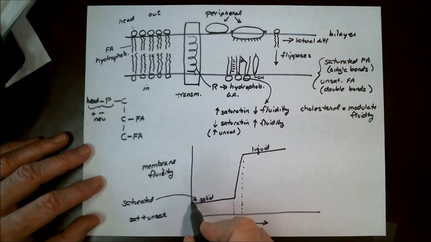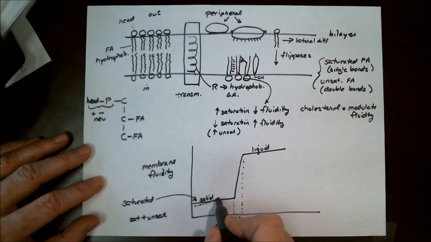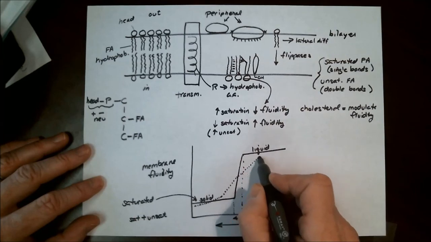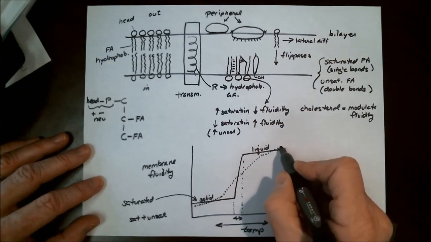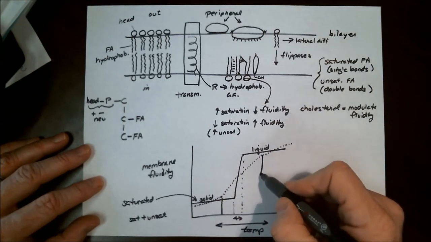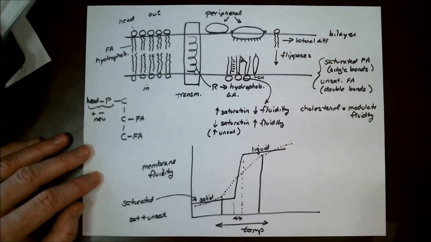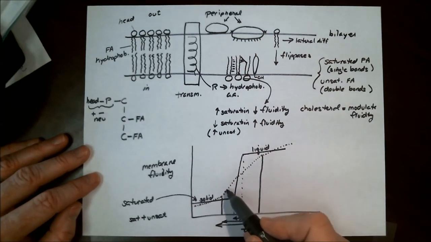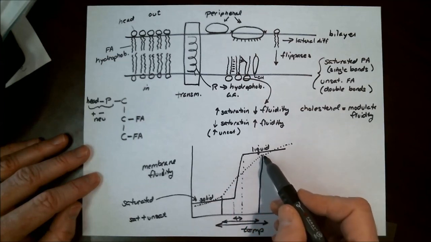What we will see here is essentially a little bit more width of the temperature range for phase transitions. So now we have a phase transition that has increased in width. So in this range here, with the introduction of an unsaturated fatty acid, we have essentially increased the temperature range for our optimal membrane fluidity.